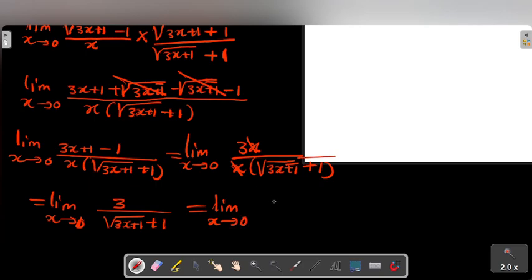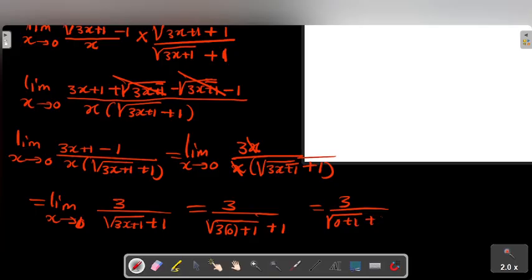Now since we have to apply these limits, there's no need for us to write the limits. What we'll do is just substitute. Wherever there's x here, we are going to put a 0 there. So we have 3 over root of 3 times 0, that would be 0, plus 1, then plus 1 there.